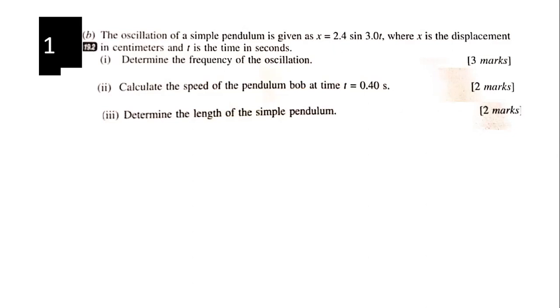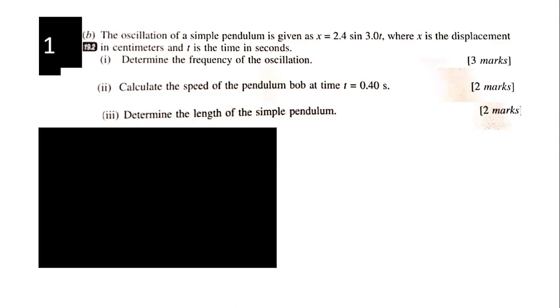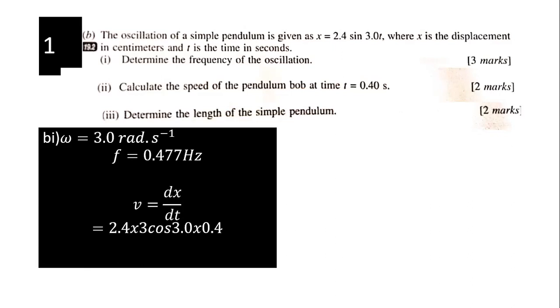No need to memorize the formula, just differentiate and put into the equation. Omega, you already know. You know the frequency. So differentiate it, that's all. Then put into the equation. Okay, answer.